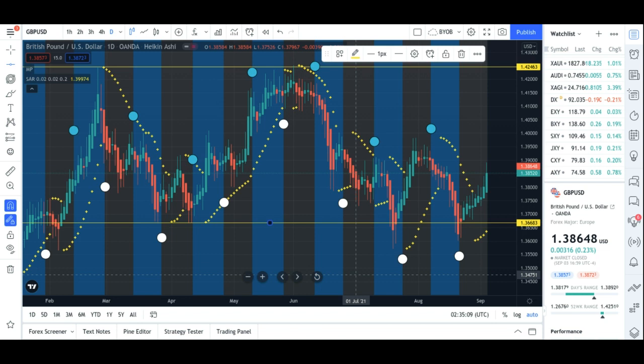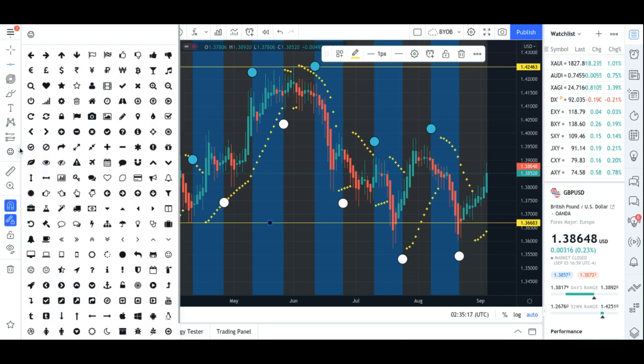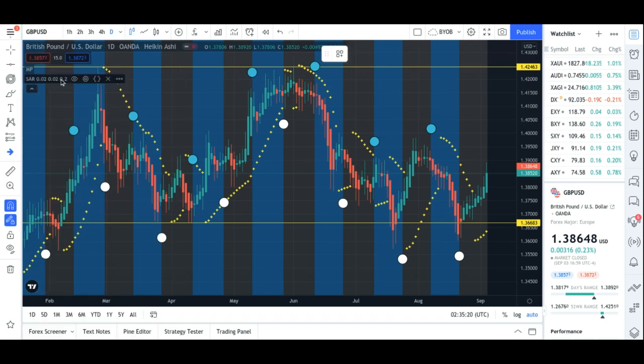Now this is a day chart, so you can see here, hold on, let me get some more, maybe, boom, boom, right here, right there. And then let's put another one.